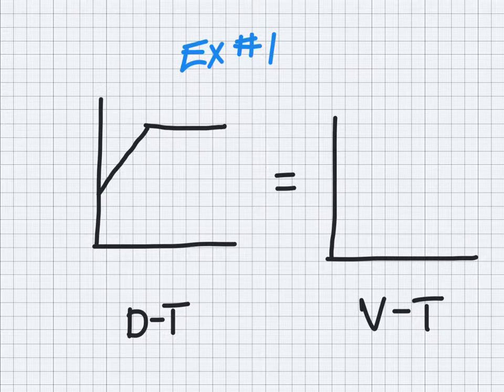I'm going to take this first line right here. This represents constant velocity to the right. Constant velocity, what does that look like? On my velocity time graph, I'm going to put a 0 line in. That represents 0. And I need to draw a line that represents constant positive velocity, and there you go.